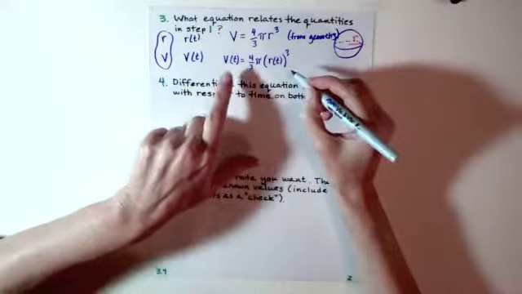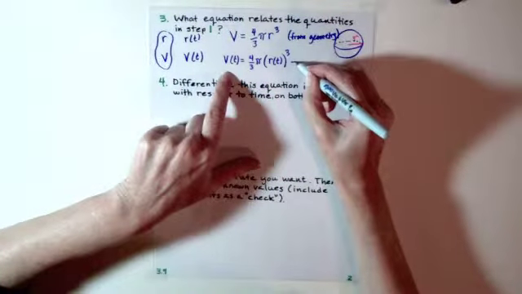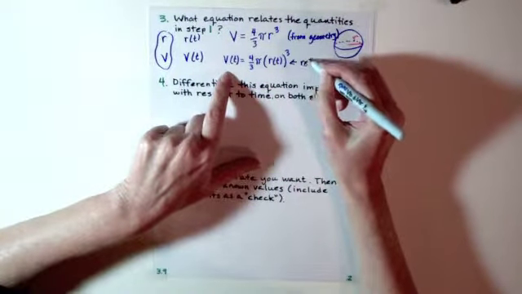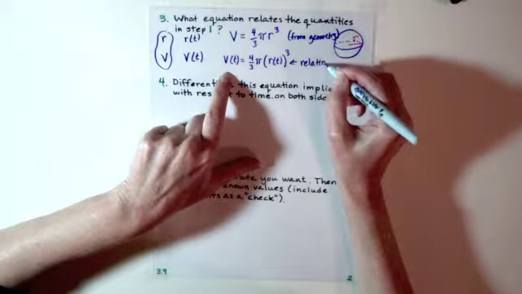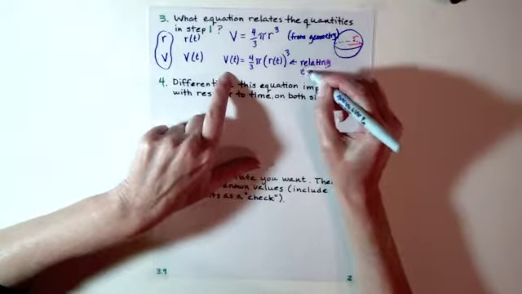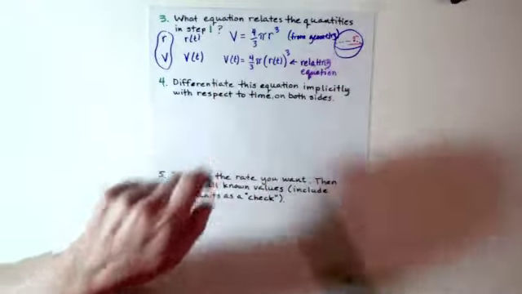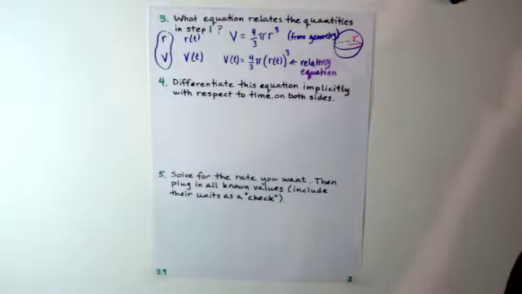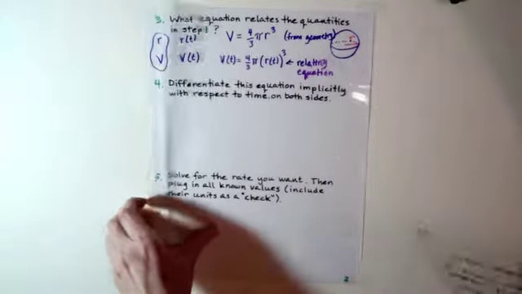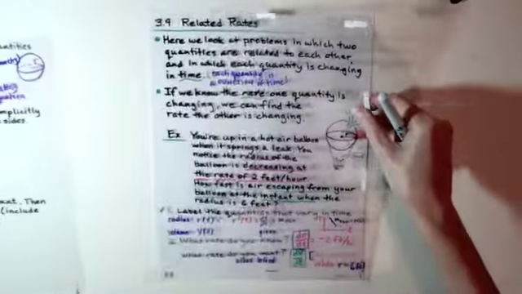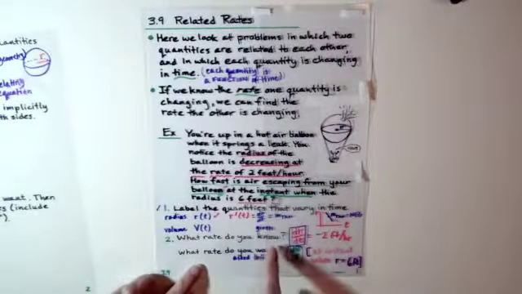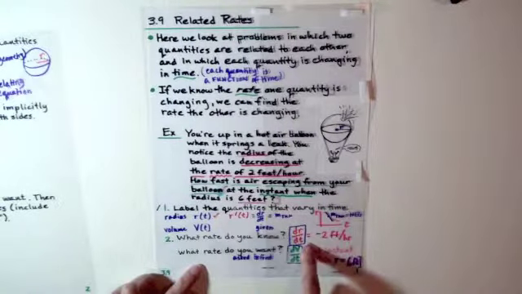So now we have this equation that relates V and r together. It's usually referred to as the relating equation, but it doesn't really involve the thing that I know or the thing that I want. If I put the last page on for just a moment, notice that the rate that I know is dr/dt.